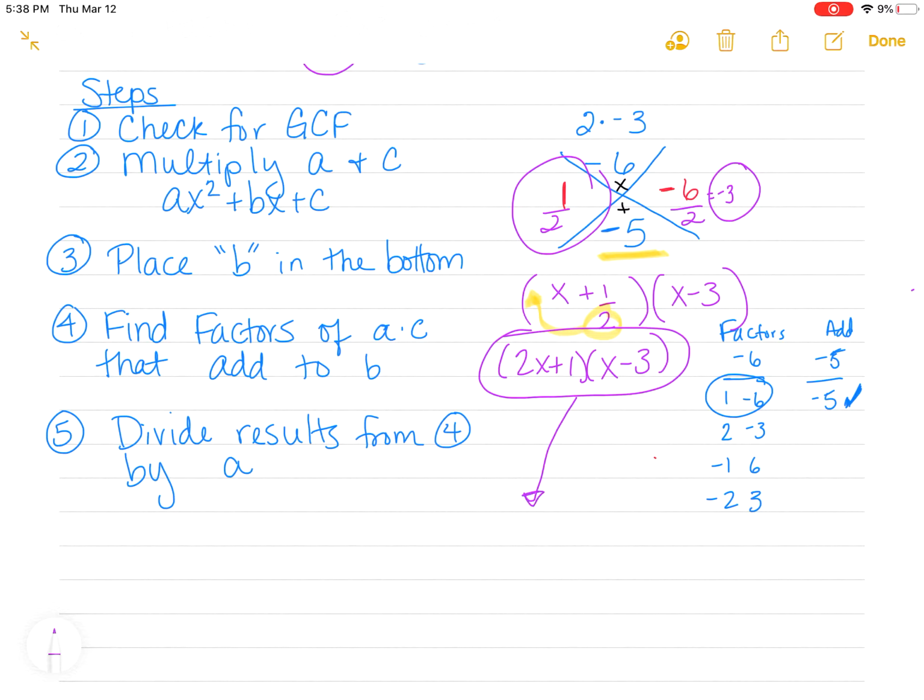Okay, so we can check that by multiplying that back out. All right, so if I distribute, I get 2x squared minus 6x plus 1x minus 3.